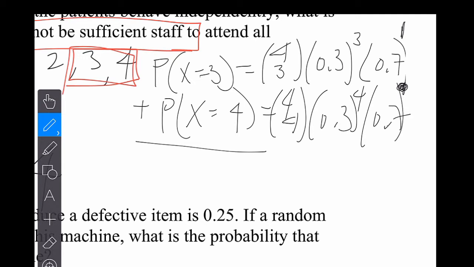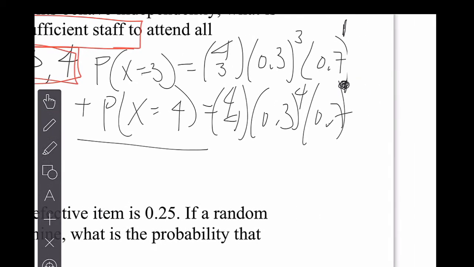So we can simplify, or you can punch this right into your calculator. Simplifying works for me best. So this is going to be 4, because the number of ways of seeing 3 out of 4, or n minus 1 out of n, it's always going to be the n. We talked about this yesterday. This is going to be just as it is, 0.3 to the 3 and 0.7 to the 1.